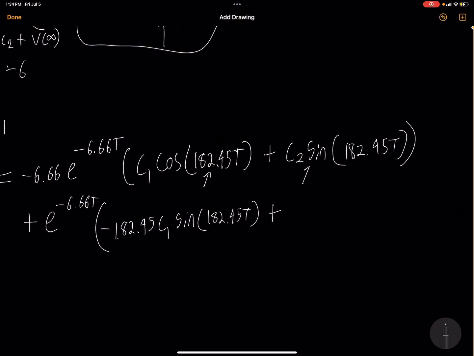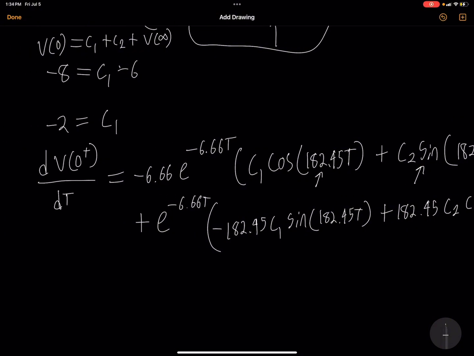Plus, this becomes cosine, 182.45 C2 cosine 182.45 t. And there we go.